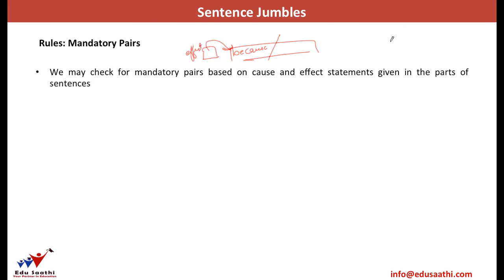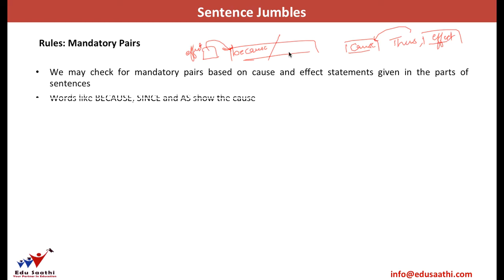Likewise, if in a sentence there's a part with thus, thus justifies the effect and it has to be preceded by a cause. So if I see words like because, thus, hence, therefore, hence and therefore will justify the effects, while because, since, as would justify the cause. So I can make a mandatory pair using this knowledge as well.